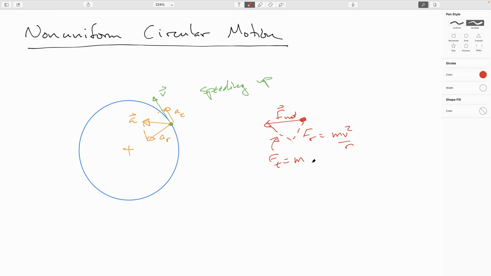We could write the radial piece as mr omega squared, and the tangential piece as mr alpha, if we prefer.